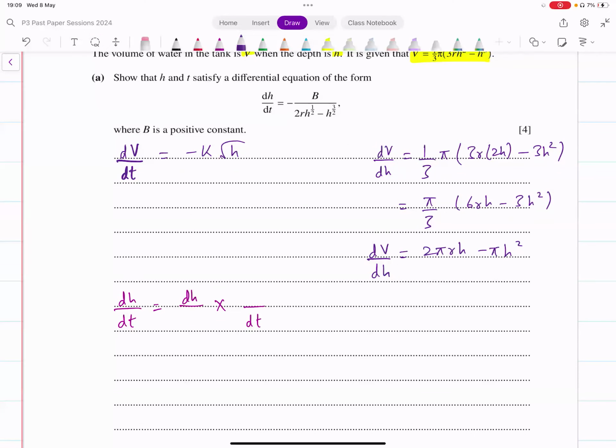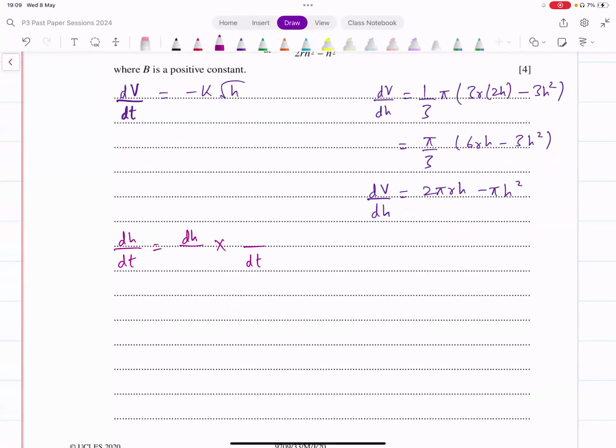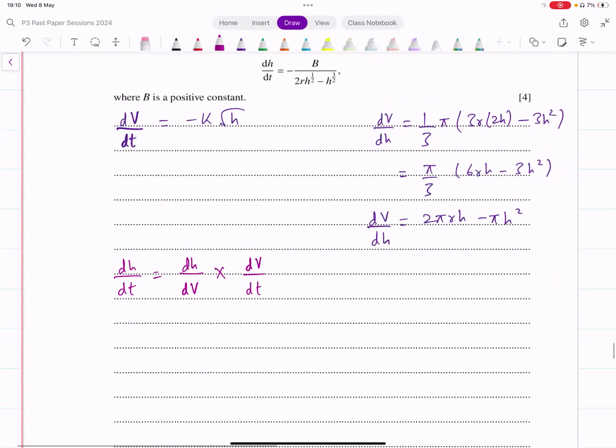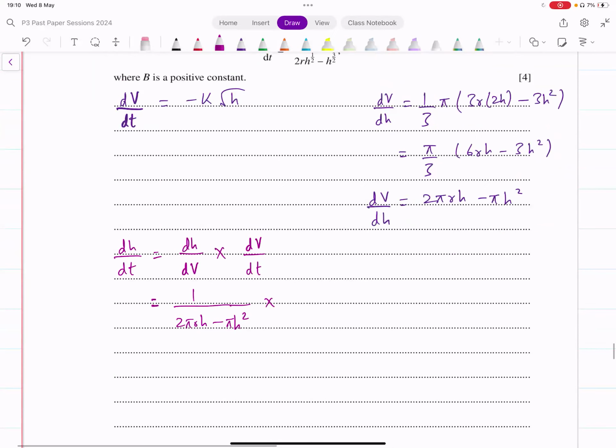Thank you. What's dh/dV? The reciprocal of this. What does that become? 1 over (2 pi rh − pi h²) into dV/dt, which is this thing, minus k into the square root of h.